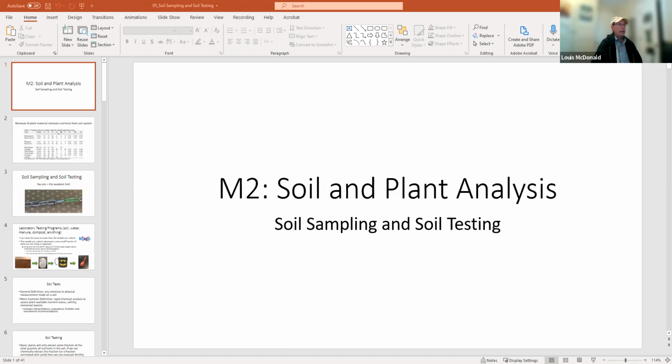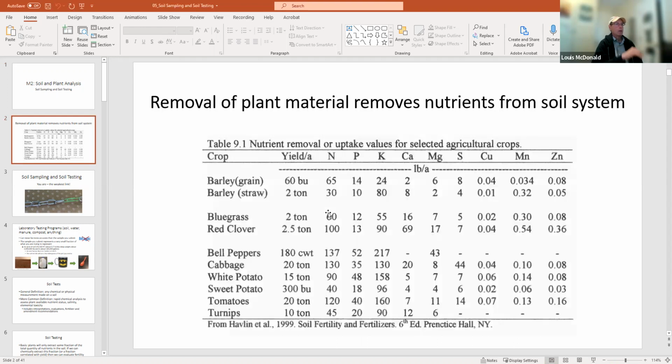So the basic idea here is that as we remove plants, whatever plants those are, from the soil, those are going to have nutrients in them. And if we want to maintain the productivity of that soil, we have to replace those nutrients.